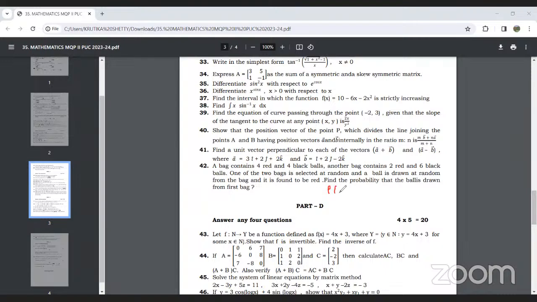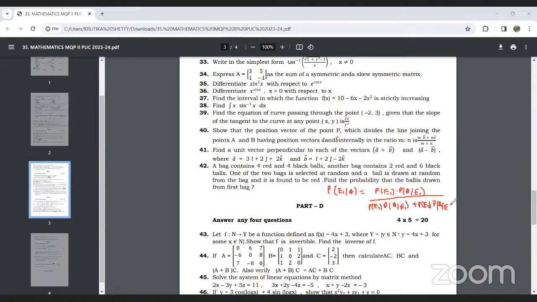P(E1 given A) is equal to P(E1) into P(A given E1), divided by P(E1) into P(A given E1) plus P(E2) into P(A given E2).